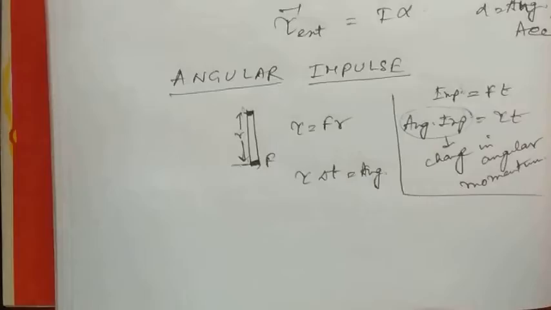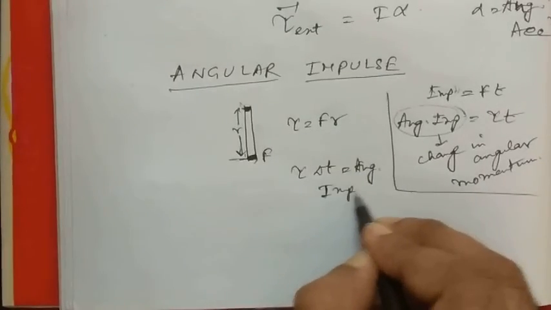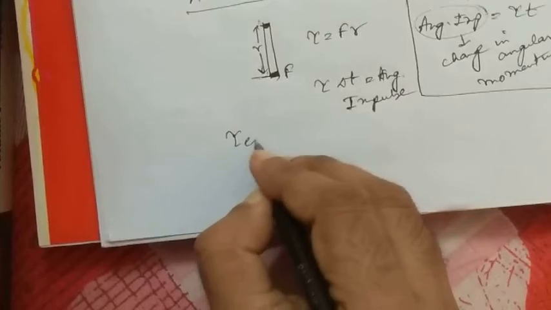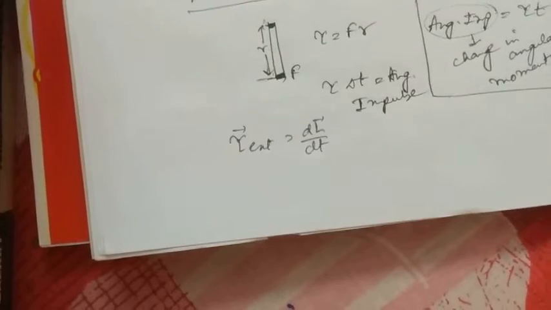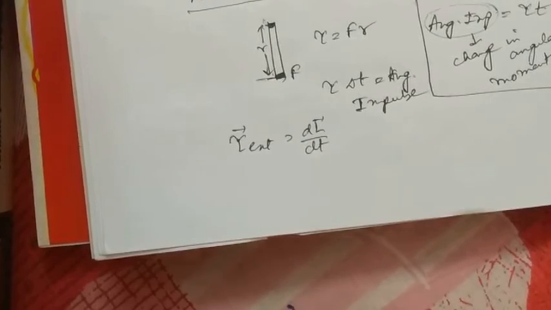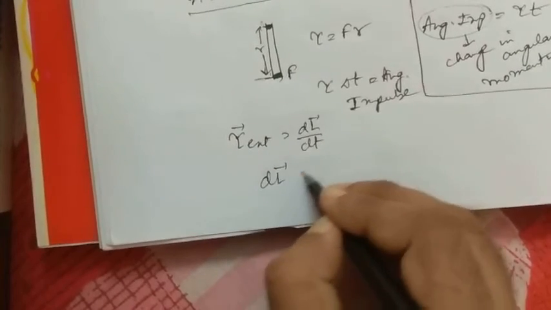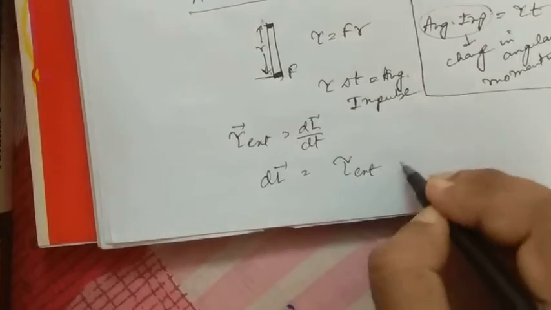Again we know tau external is equal to dL by dt, as we have discussed previously. Rate of change of angular momentum is equal to the applied or external torque. So dL is equal to tau external dt.